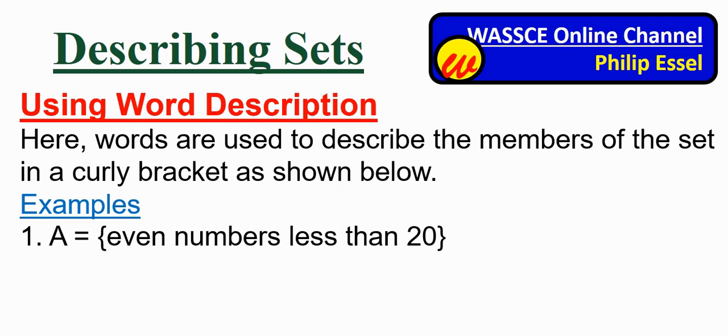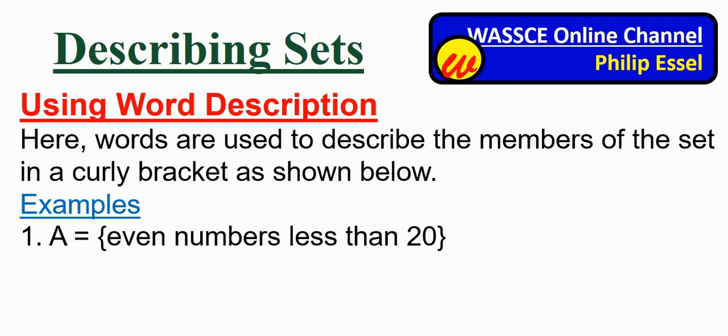For example 1, we'll be using the set A. And as you can see in the set A, rather than listing the elements or the members of this set, the members have rather been described in the curly brackets of this set.